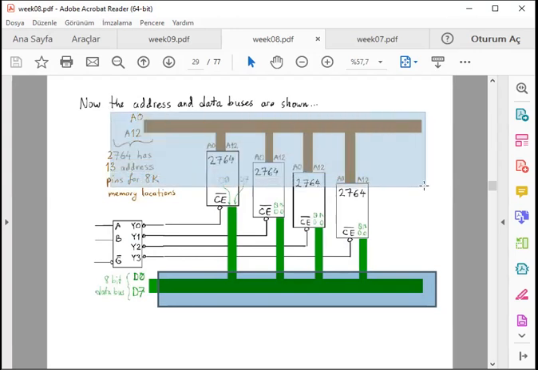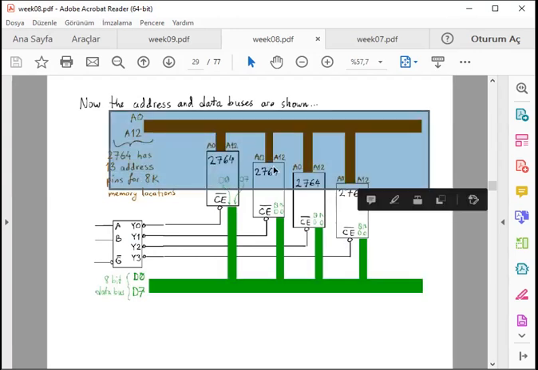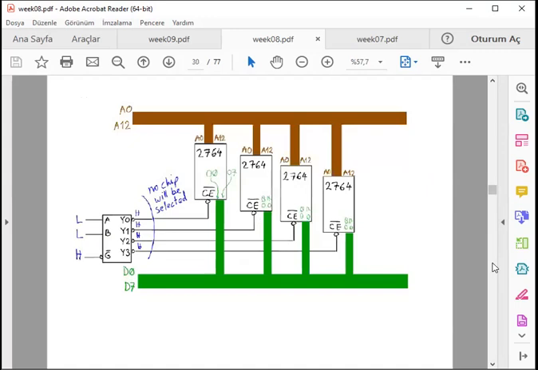From which address the data is read to the port is selected by these address pins. There are 13 address pins for these devices, because the capacity of this device is 8 kilobytes. Actually, the capacity is 64K, but 8 kilobytes of information can be selected.